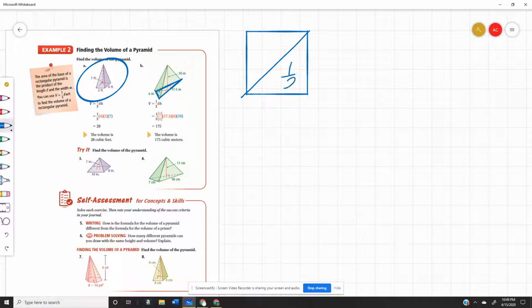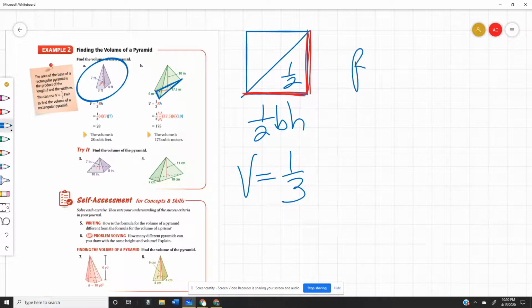The formula for area of a triangle is 1/2 base times height. We say base times height for triangles because they don't necessarily have a length and a width, but they have a base and they have a height, okay? So we're still going to use that same volume formula, 1/3 area of the base, just this time area of the base is 1/2 the base times the height.